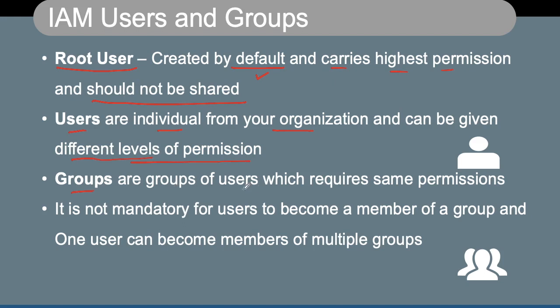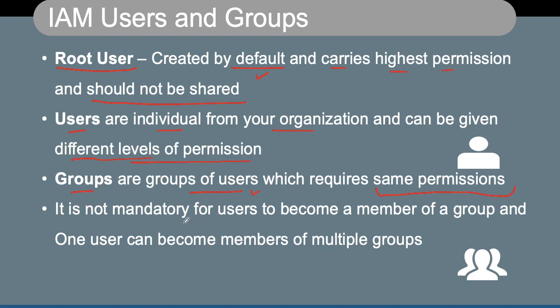Groups are typically a group of users which require the same or similar permissions. We can have multiple users in the same group, but one user can be a part of multiple groups as well. In addition, a user can have some additional policies beyond those available to all other users in the group, so we can assign separate policies to individual users in one particular group.